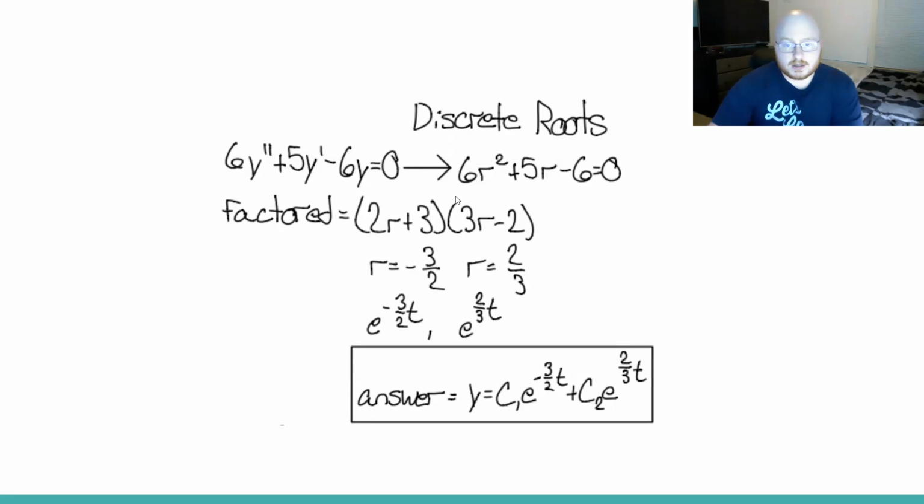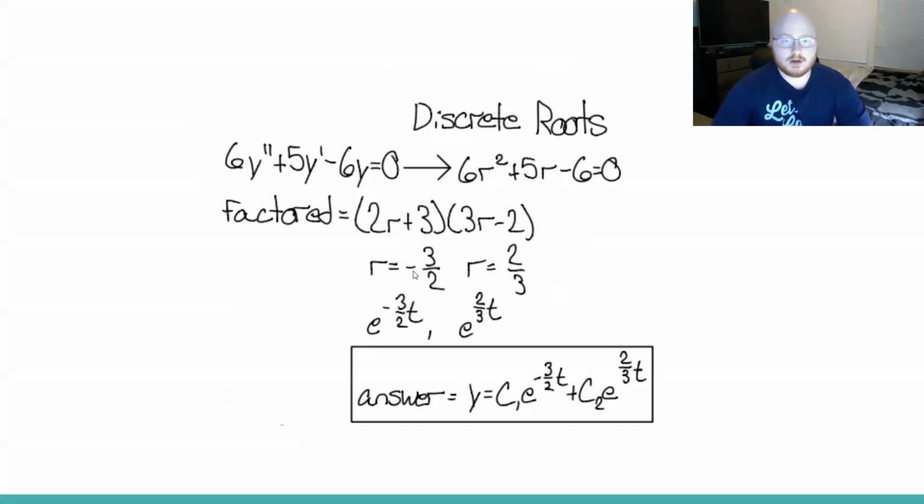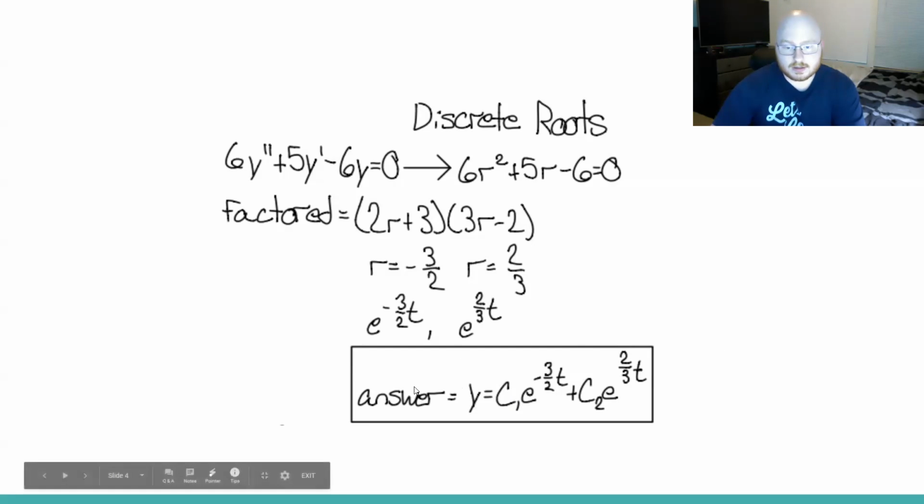Then once you factor that, and I'm going to be using all the same equations as in this slide as well, just to keep things simpler, you get both the r values, and then you plug these r values into e to the rt, and then into the equation y equals c1 e to the r1 t plus c2 e to the r2 t, with c1 and c2 as constants. This is the solution to this second order differential equation.